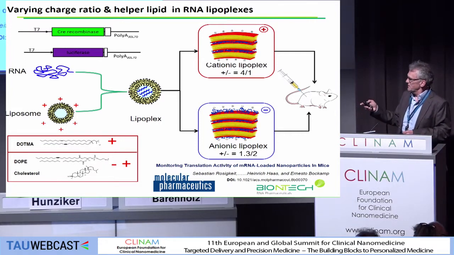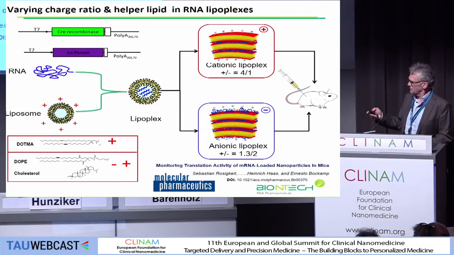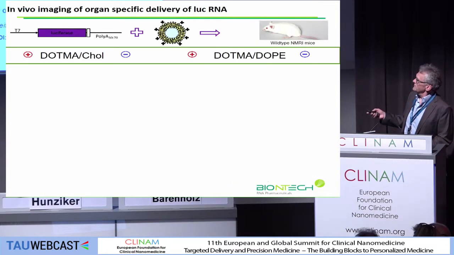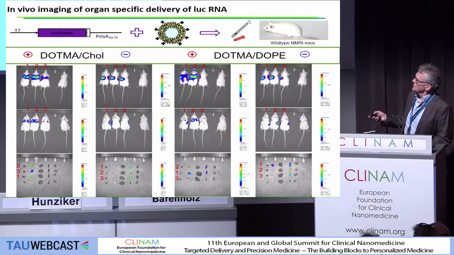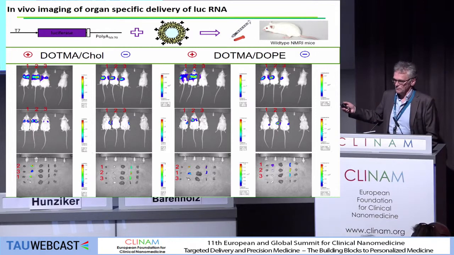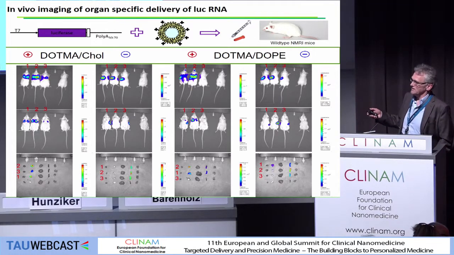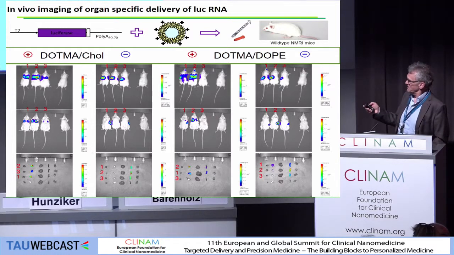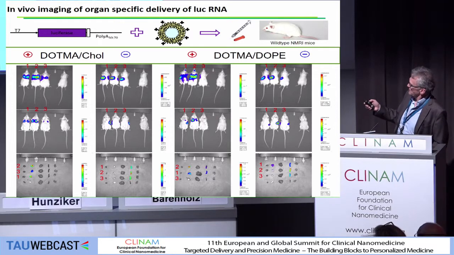We assembled positively and negatively charged particles from them and investigated them in vivo. And here you can see we were able to identify specific effects of the type of helper lipid inside the formulations, where we found different profiles of intensities in the selective organs.